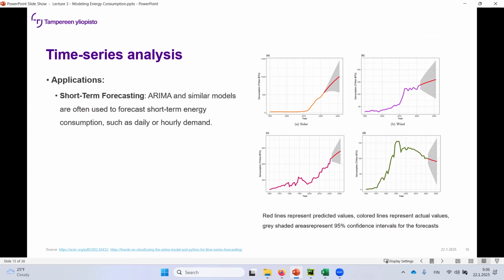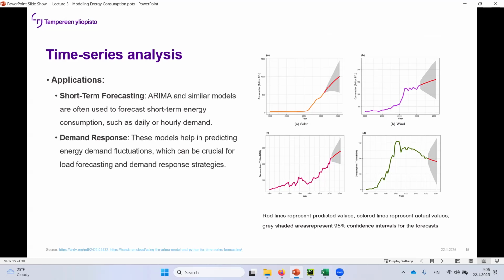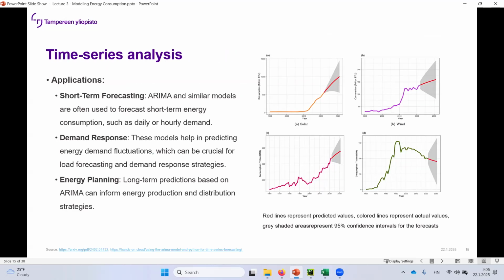So short-term forecasting, ARIMA and similar models are often used to forecast short-term energy consumption, daily or hourly demand. Demand response, they help in predicting energy demand fluctuations, and also these long-term predictions.